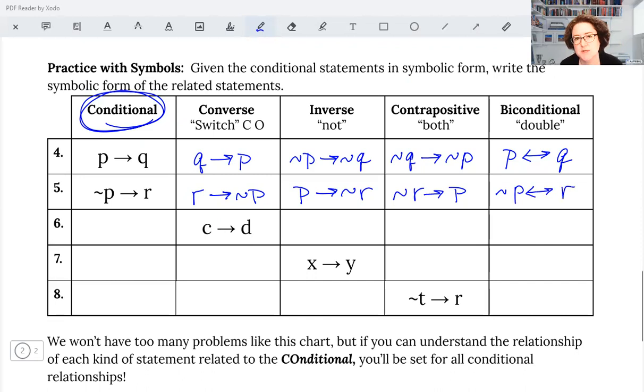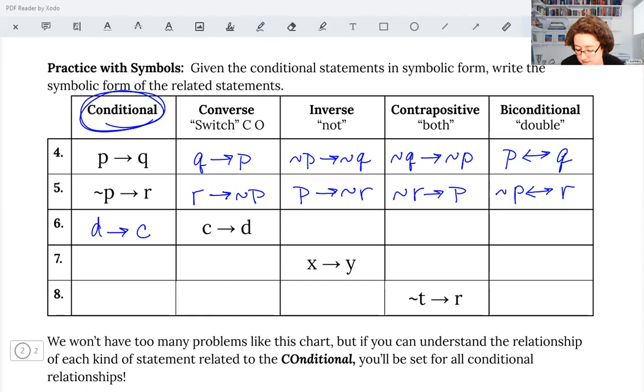Alrighty, number 6, wait a second, I didn't give you the conditional statement. I gave you the converse. But if we always try to go back to the conditional, then we will still be able to finish the problem thinking about those same patterns all along. So converse we know is switch order. So we would have switched the order to get to C arrow D, which means if I had to switch it back, it would look like D arrow C. Now I can follow the rest of my pattern.